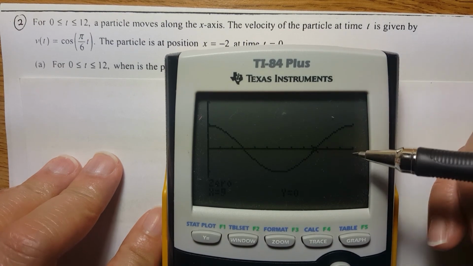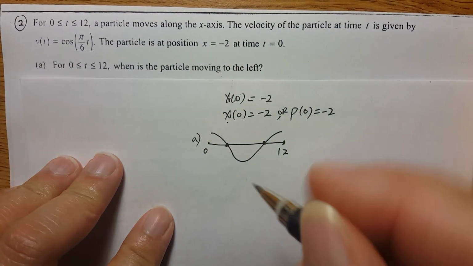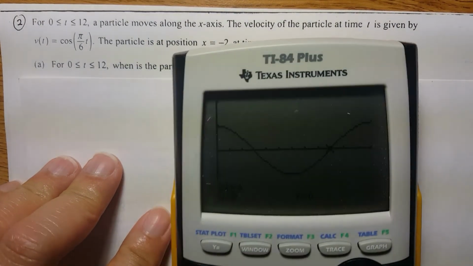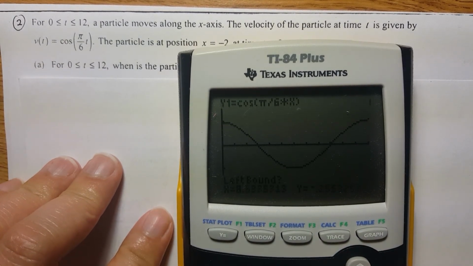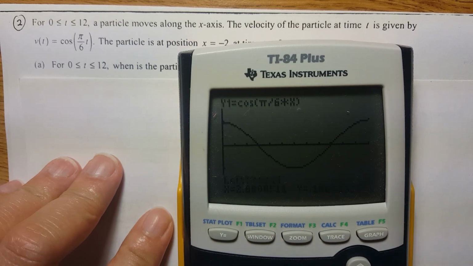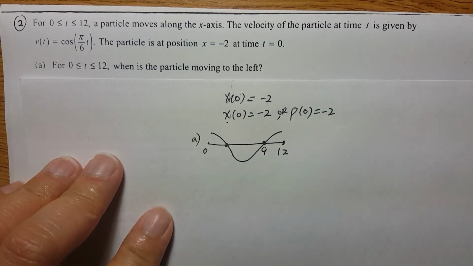So it is 9, because you count backward. Okay, so 9, and then you're going to find the other one. So I found the other zero first, and then go back to find the first zero. Okay, so now the other one is 3.